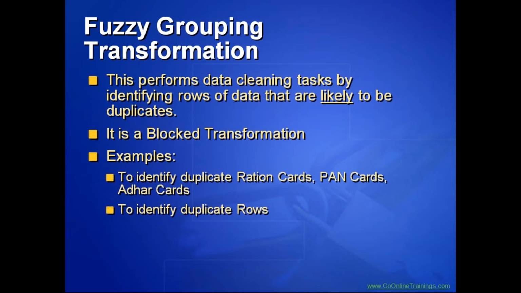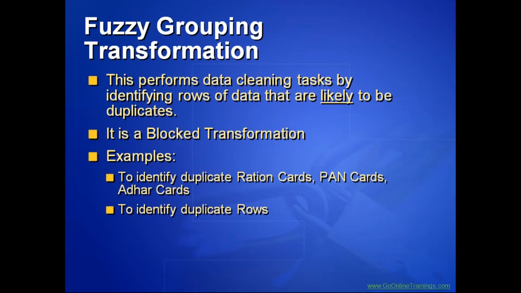For example, you're applying for a social security number a second time or a voter ID a second time, and they should be able to identify whether you have taken it twice or only once. So to identify the duplicate data, you have to use the fuzzy grouping transformation, and the fuzzy lookup transformation is used to correct the misspelled data.